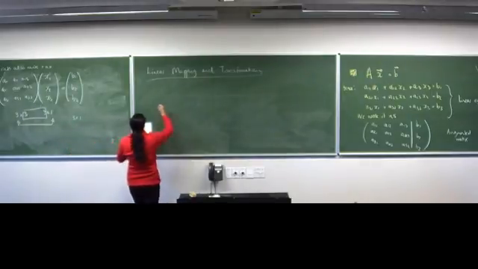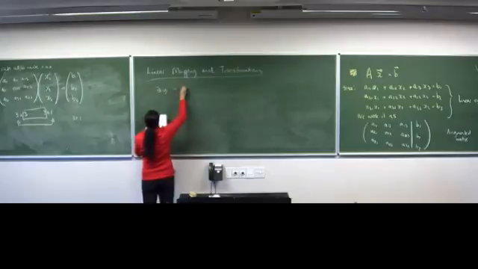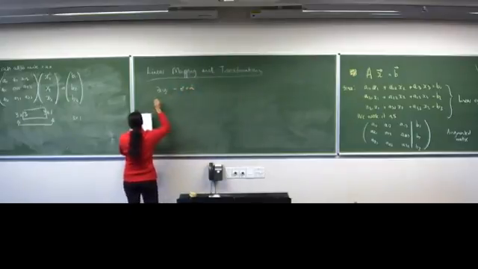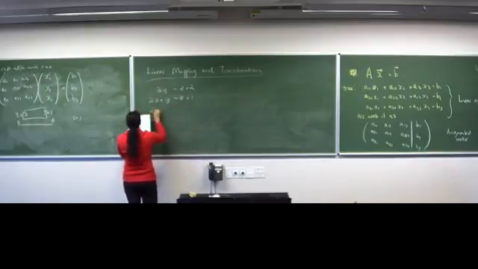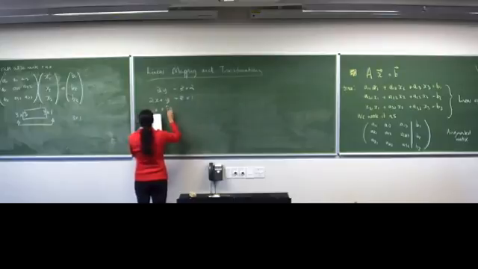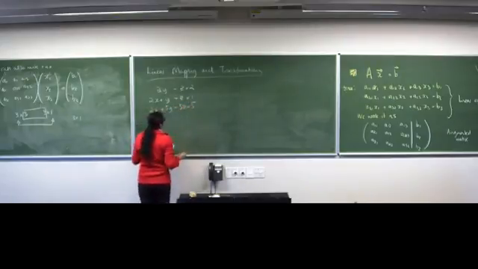So if we had 2y minus z equal to 2, 2x plus y minus z equal to 1, and 2x plus 5y minus 3z equal to 5.